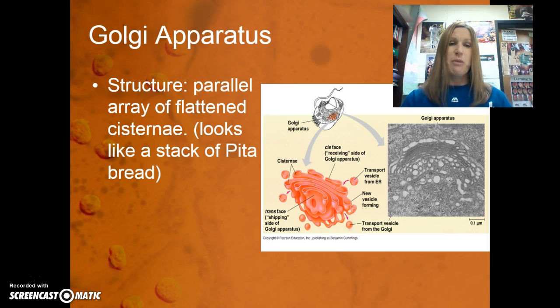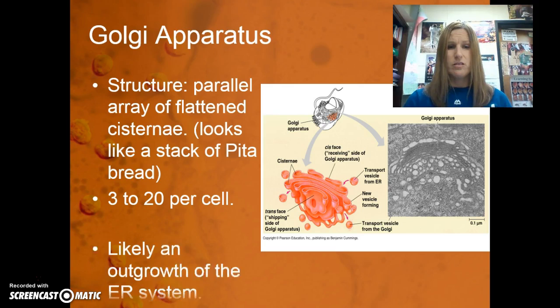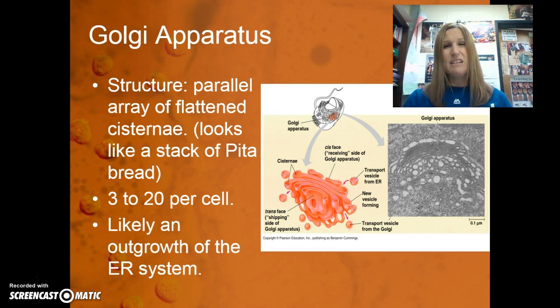It is a parallel array of flattened cisternae, and it looks like a stack of pita bread. There are about 3 to 20 Golgis per cell, and it is likely an outgrowth of the ER system. That is evolutionary. The idea is that the Golgi is an outgrowth.